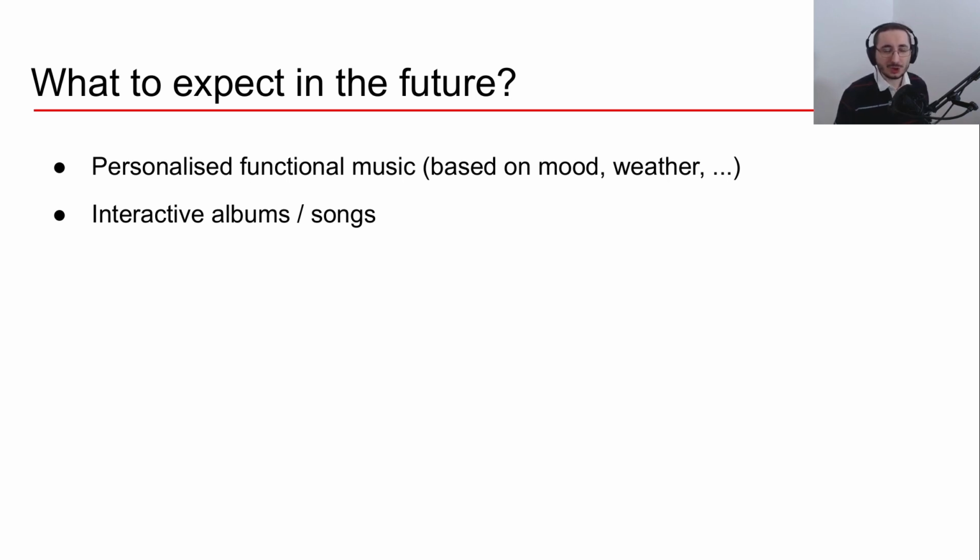When I talk about functional music here, I refer to music that has a goal. For example, music for studying, or music for exercising, or music for relaxing, right? Now, this is the first aspect.